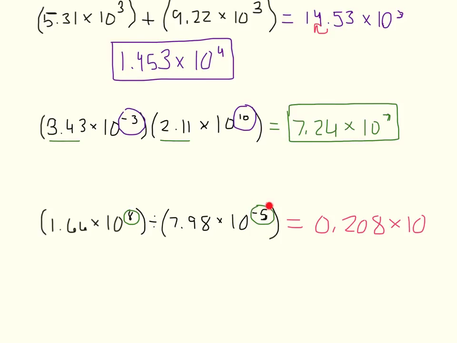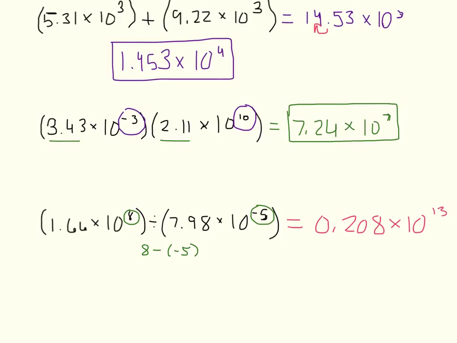It's not 8 minus 5. Remember, we're subtracting the entire number. So it's actually going to be 8 minus negative 5. So you're subtracting these numbers no matter what, whether there's a negative in front of it or not. So this means we're going to get a total of 8 plus 5 as our new exponent, which is 13.